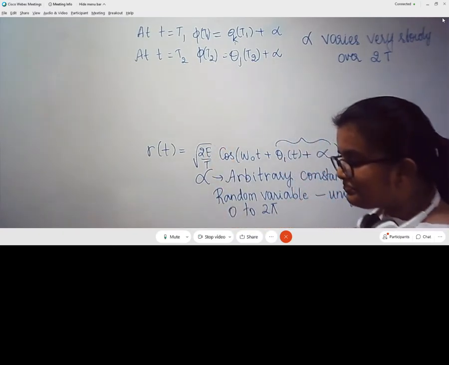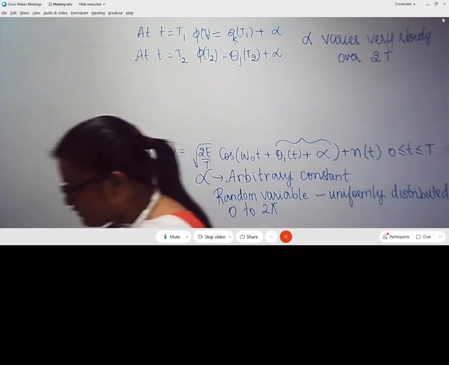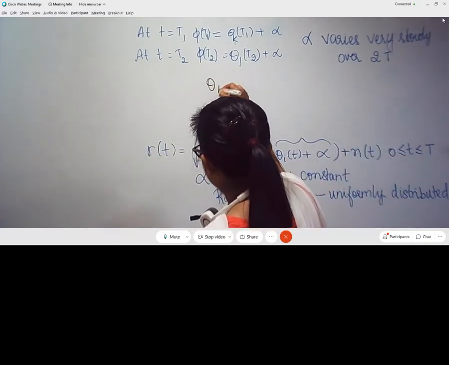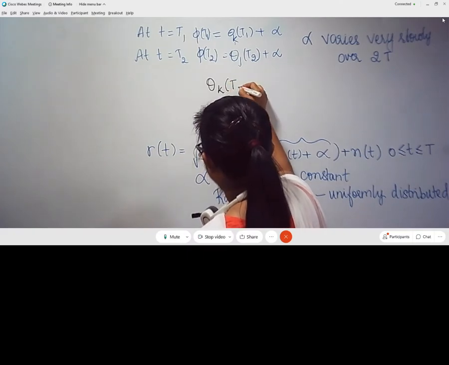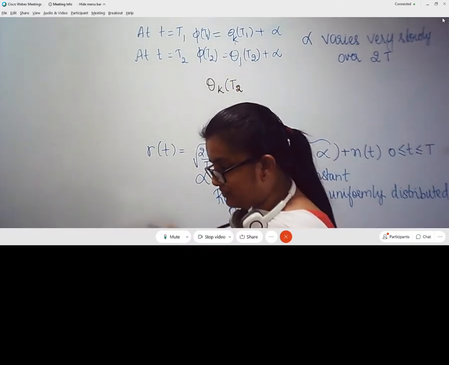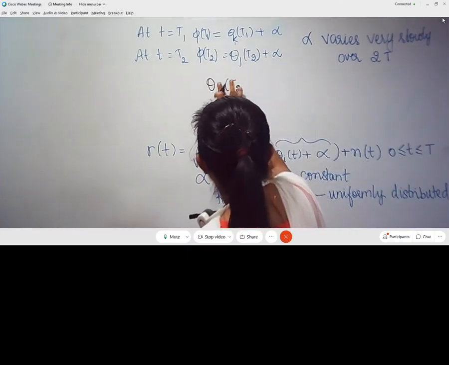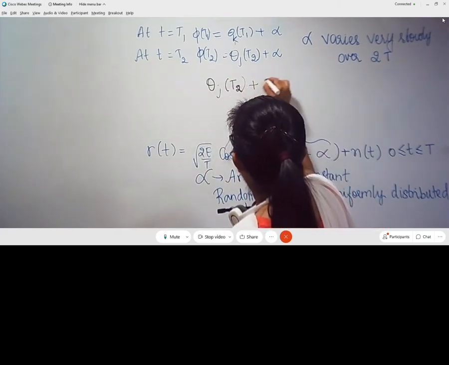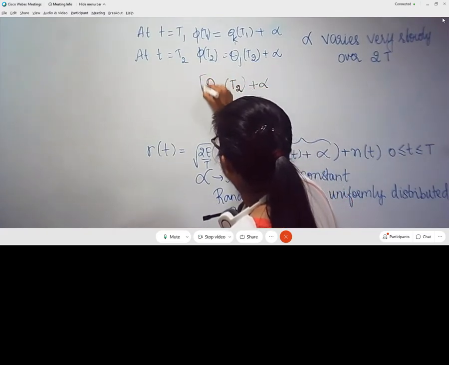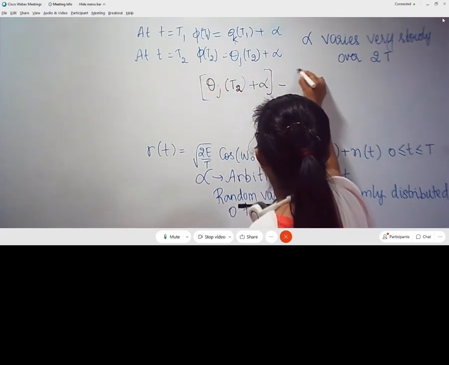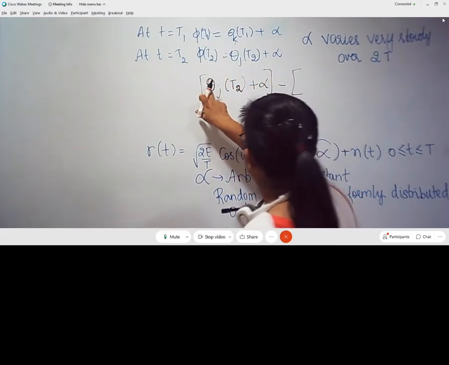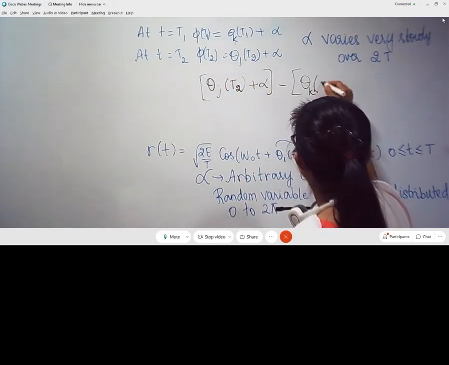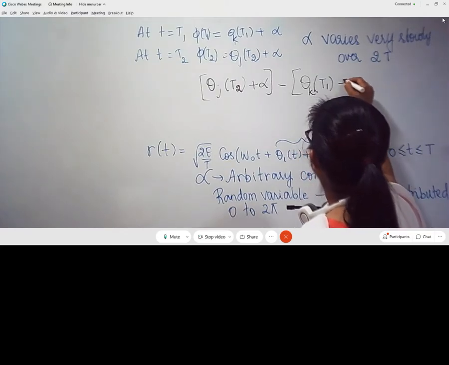Having said that, now what we will do is compare the signal phase which I have obtained at time t2. I am going to take the difference of the phases, subtracting the phase obtained at time t1.